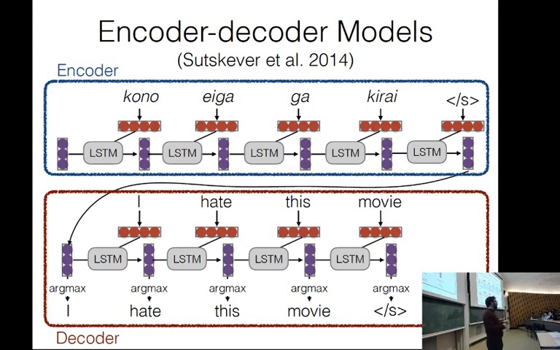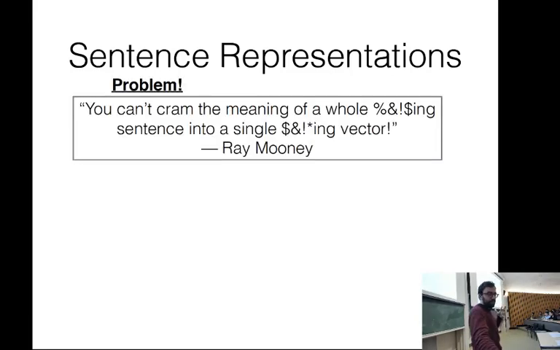In the last class, we said that we represent the whole source sentence as the last vector from the encoder, right? However, to quote Ray Mooney, you cannot cram the meaning of a whole sentence into just a single vector.